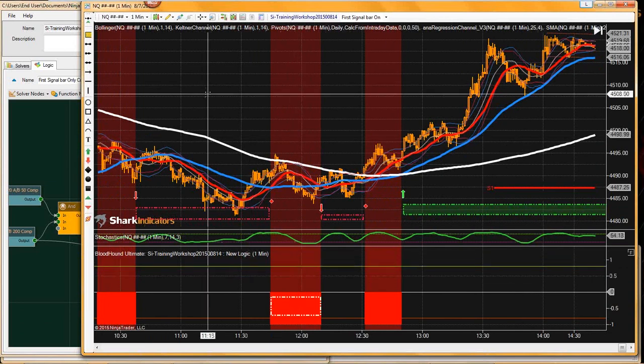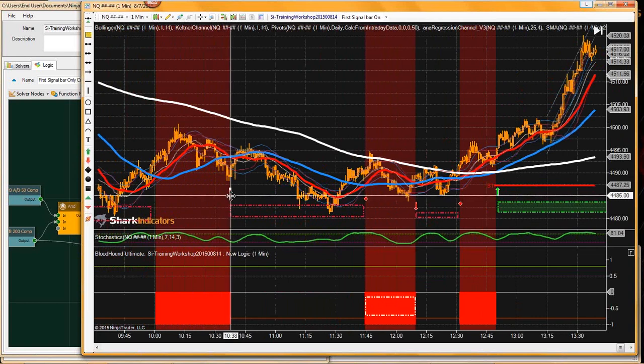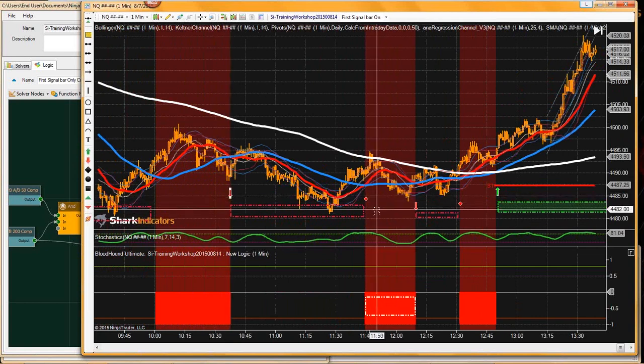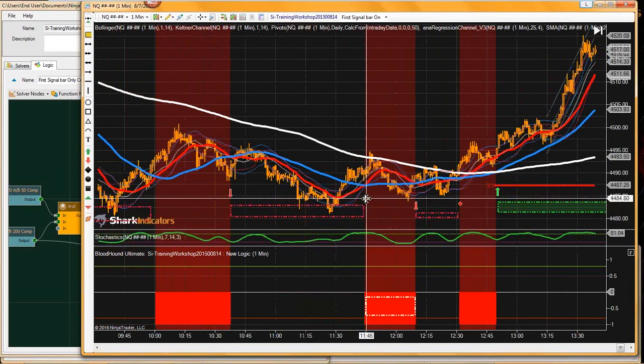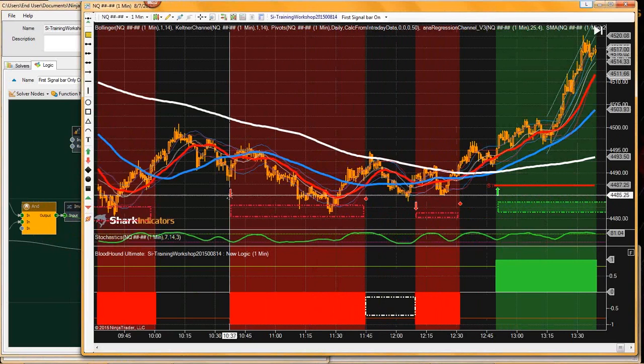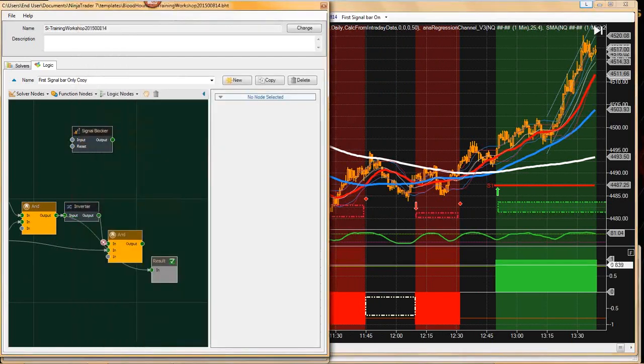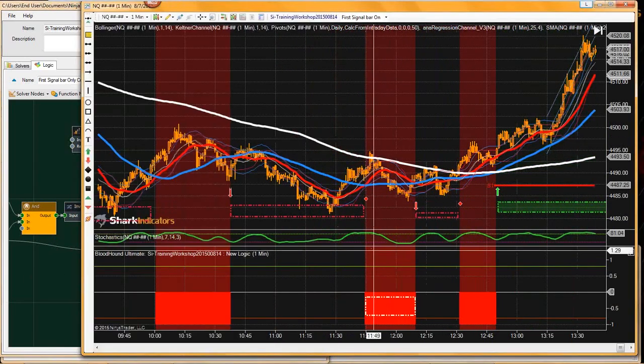So if we're in a short trade, then for an exit we want a long signal. The opposite signal will exit the trade. Here we're generating short signals, so we need a long signal to exit that short.